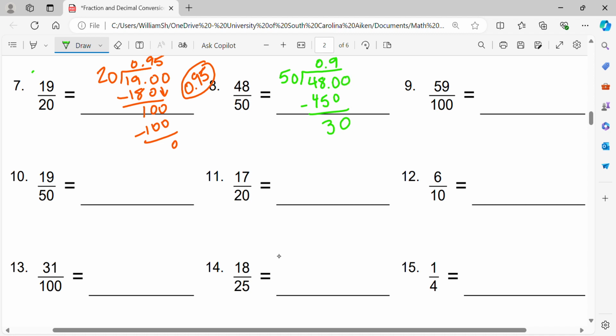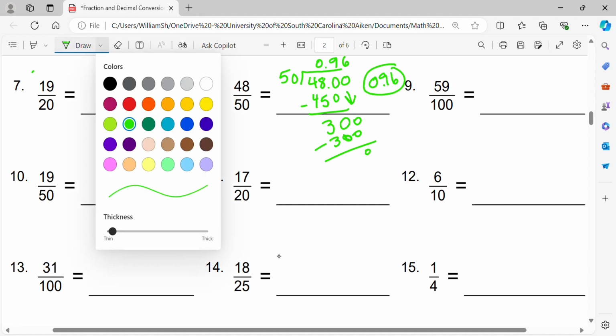We don't want a remainder, so we have to add another 0 here and then we will bring that 0 down. 50 will go into 300 how many times? 6 times. So our answer here, because that will render us with a remainder of 0, is 0.96. Very good, very good. Okay, let's see what we got next.